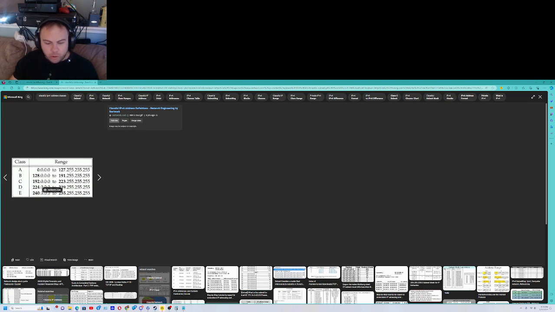So a lot of big corporations, they had that IP address. Like if you go to your work computer right now, type in ipconfig, you'll usually see that your IP is 127.0.0 something. That's usually your work IP address. Sometimes you'll see some networks where it's 10.0.0 something.